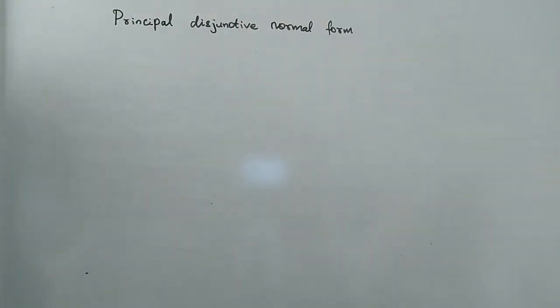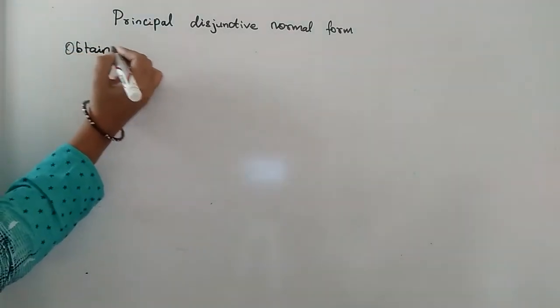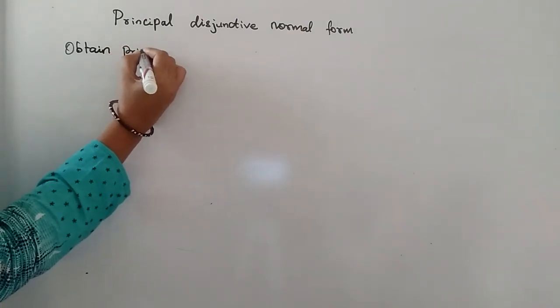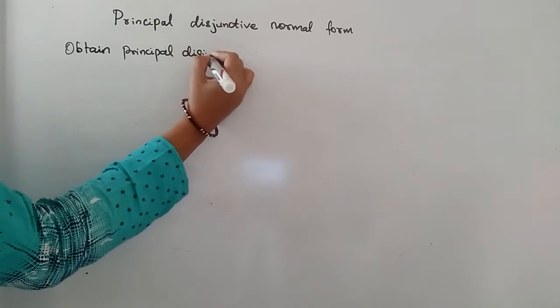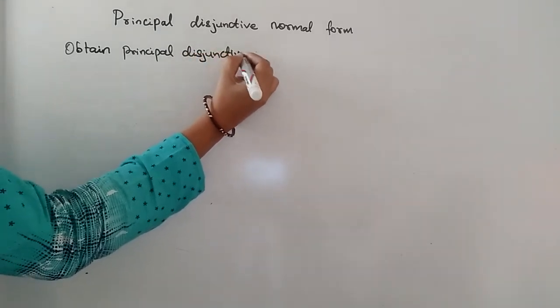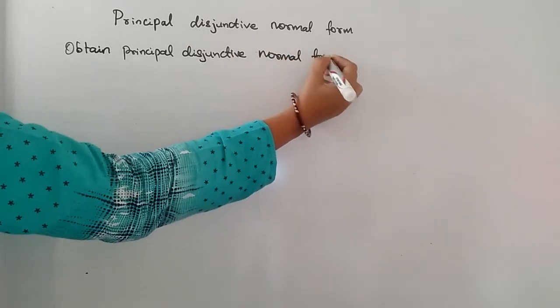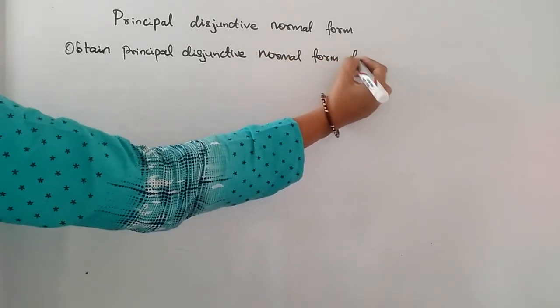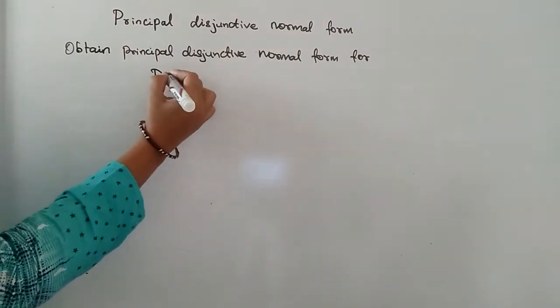Now the question given here is: obtain the principal disjunctive normal form for, what's the formula given here?